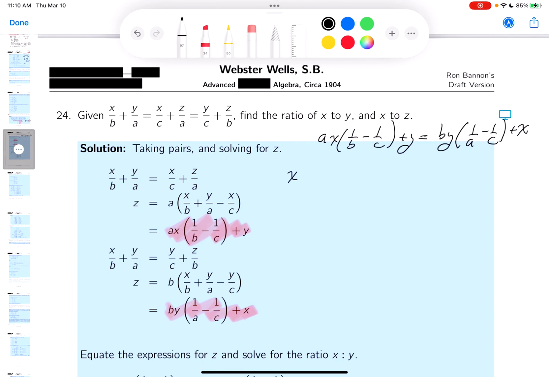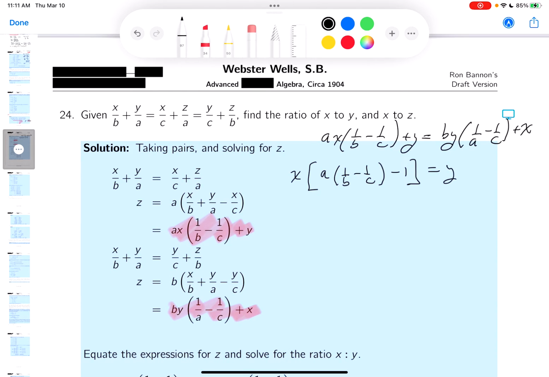So I get x times a times 1 over b minus 1 over c minus 1 equals, and I'm subtracting y from both sides, and I'll factor the y out. And what do you get? Let's write this down. You get b times 1 over a minus 1 over c minus 1.